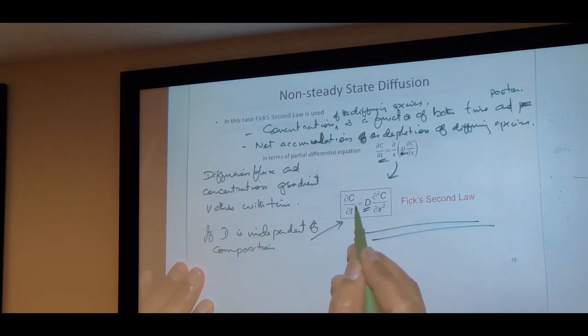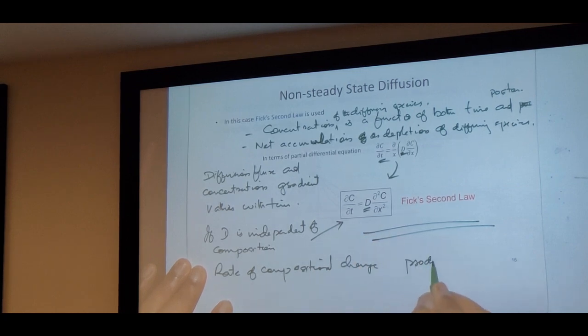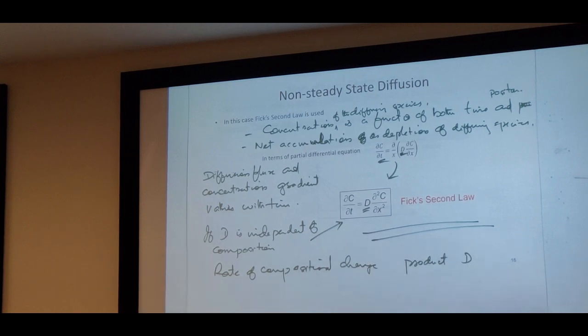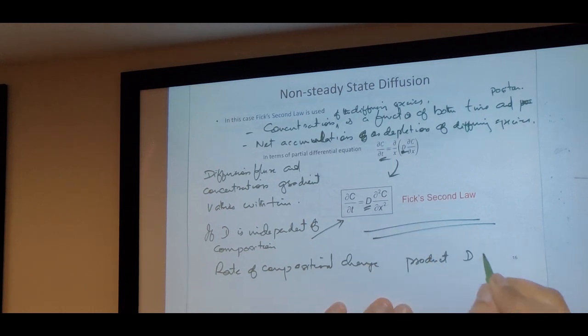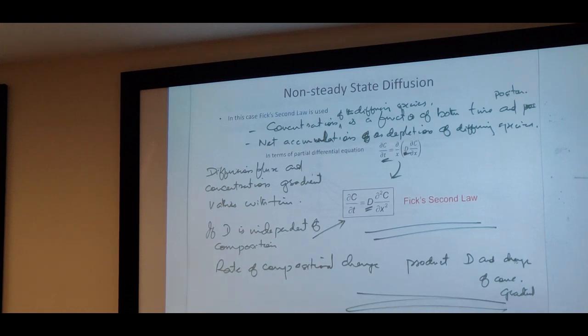This rate of compositional change is the product of the diffusion coefficient D and the change of concentration gradient. So that is non-steady state diffusion and Fick's second law.